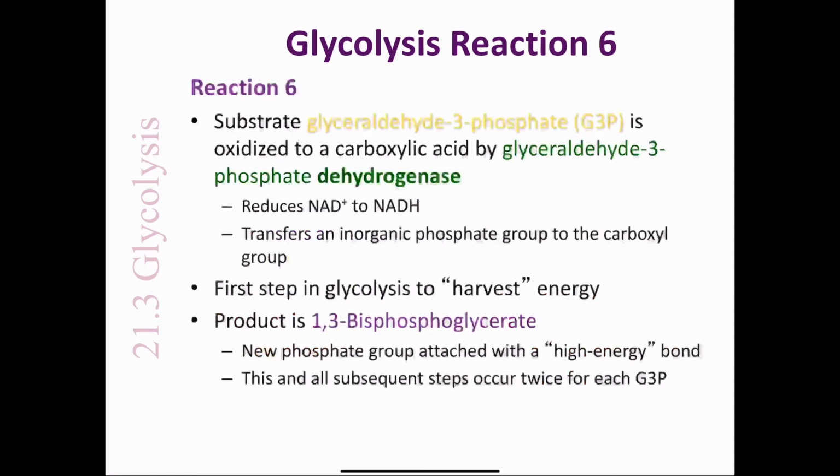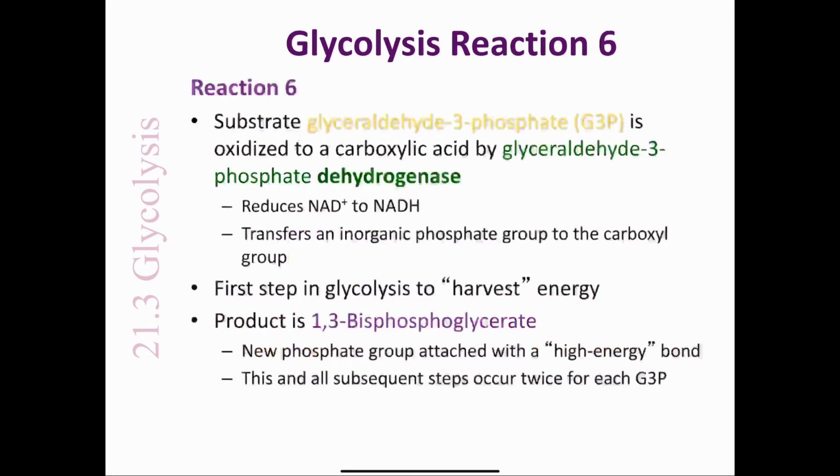In reaction 6, the aldehyde G3P, or glyceraldehyde 3-phosphate, is oxidized to a carboxylic acid in a reaction catalyzed by glyceraldehyde 3-phosphate dehydrogenase. This is the first step in glycolysis that harvests energy, and it involves the reduction of the coenzyme nicotinamide adenine dinucleotide, or NAD+.